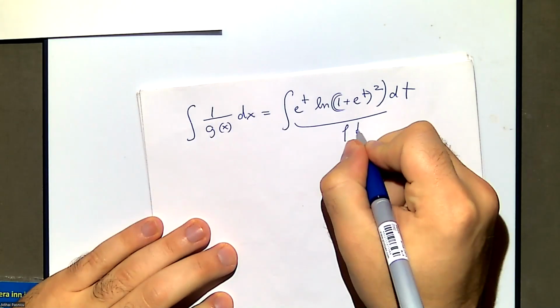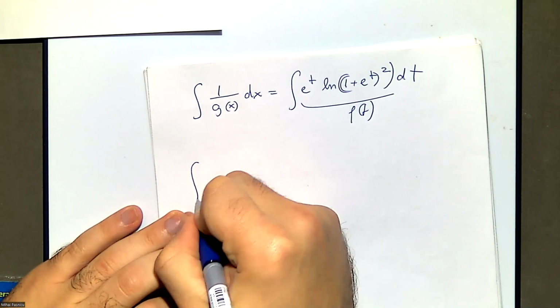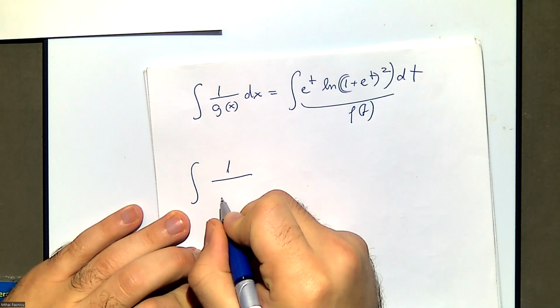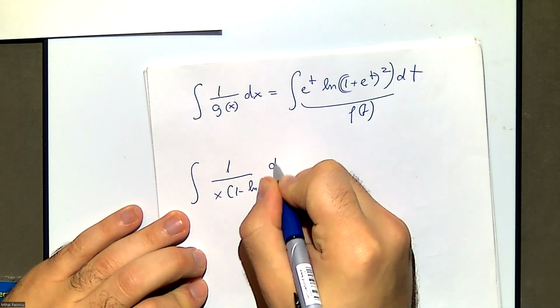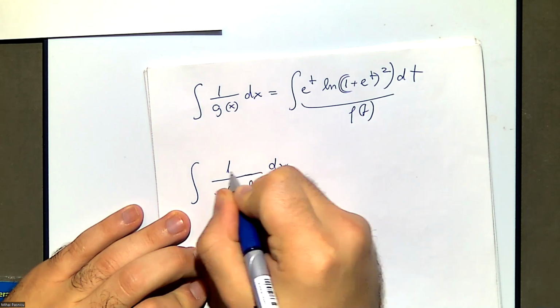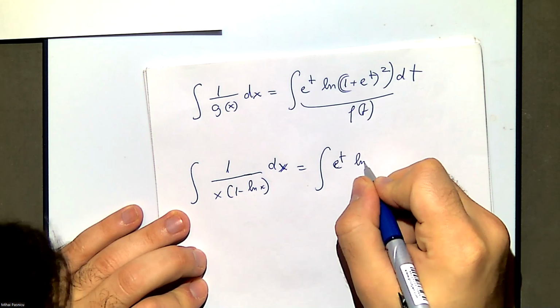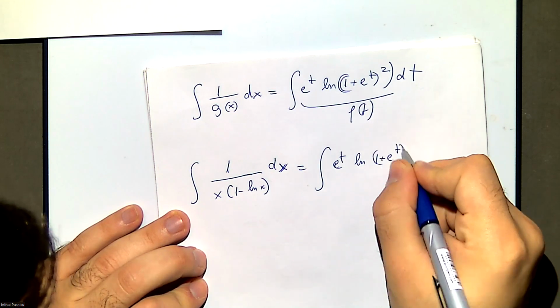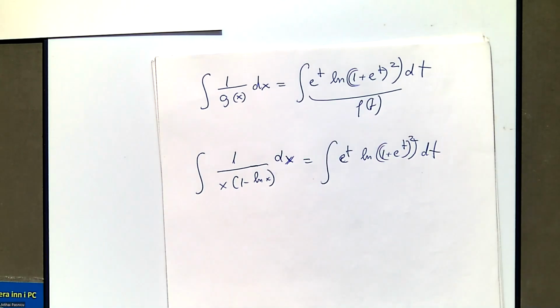This was f of t, and g of x I'm going to replace: it's x times (1 minus ln of x). So the integral of 1 over (x times (1 minus ln of x)) dx is equal to the integral of e to the t times ln of (1 plus e to the t, squared) dt. All right, and we get this, and it looks absolutely horrendous. I'm not going to lie, it doesn't look too good.